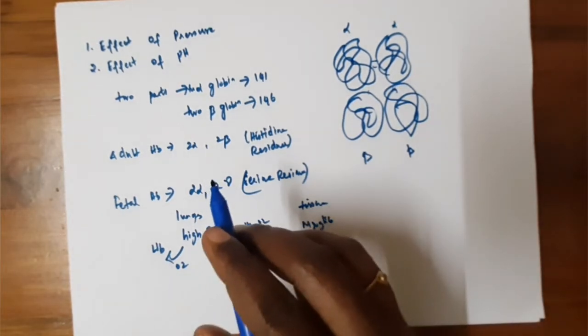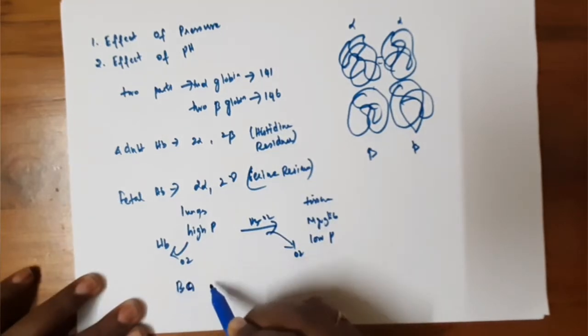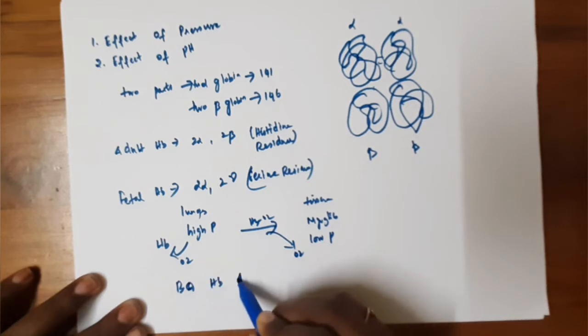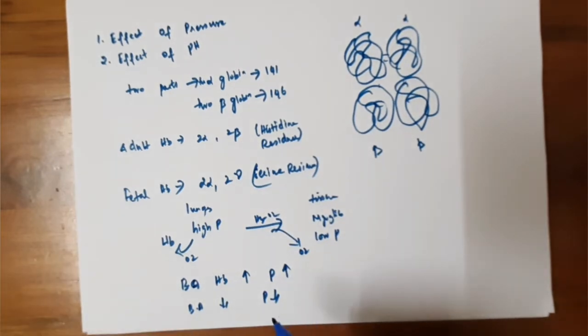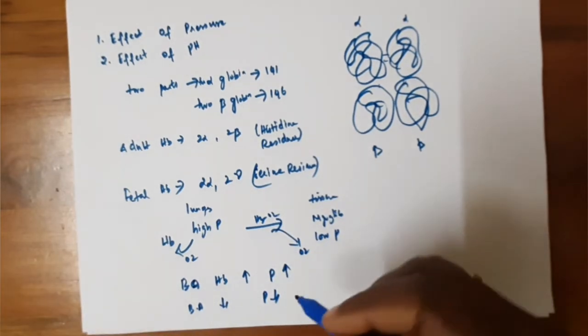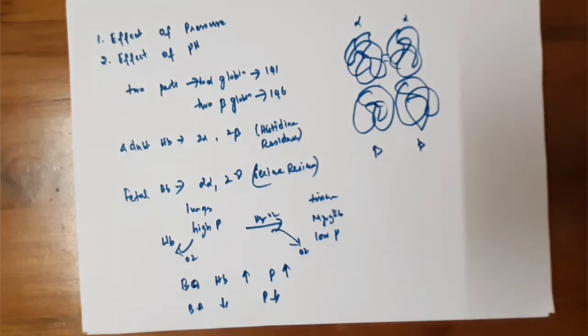If you look at the effect of pressure, the binding affinity of hemoglobin increases when the pressure increases, and the binding ability decreases when the pressure decreases. So that is the effect of pressure in hemoglobin and myoglobin. Hemoglobin needs high pressure and myoglobin needs low pressure for dioxygen binding.